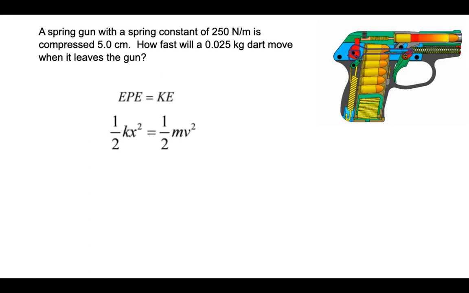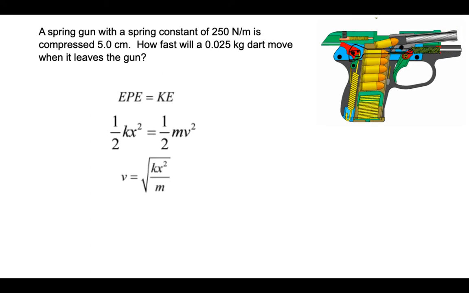To get v by itself, we have 1/2 on both sides, so if we multiply both sides by 2, those 1/2s will cancel. Then divide both sides by m and take the square root. We find that the expression for v is the square root of the spring constant times the compression of the spring squared, divided by the mass.